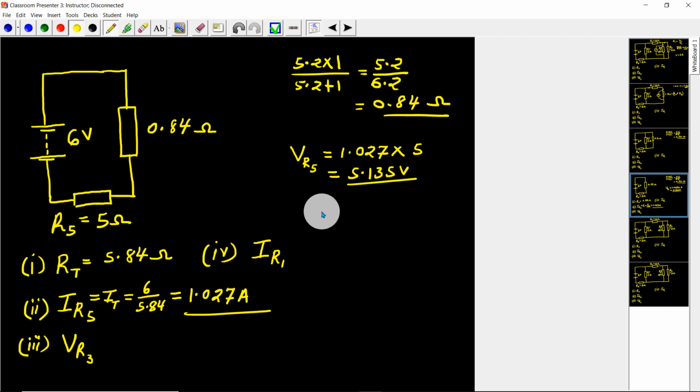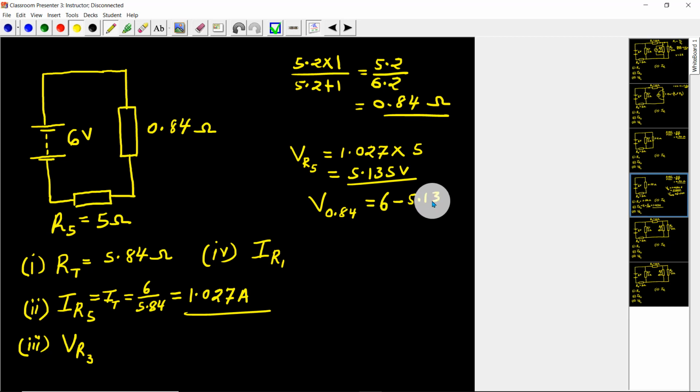That means the voltage across the 0.84 ohm resistor is 6 minus this value.